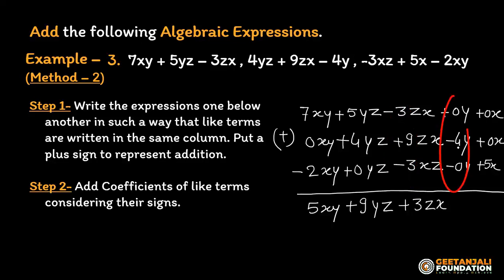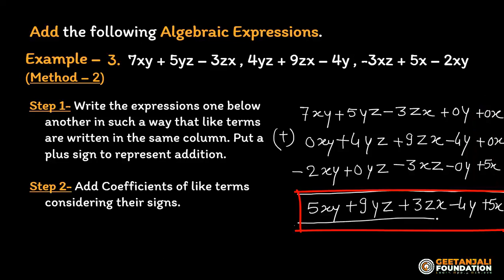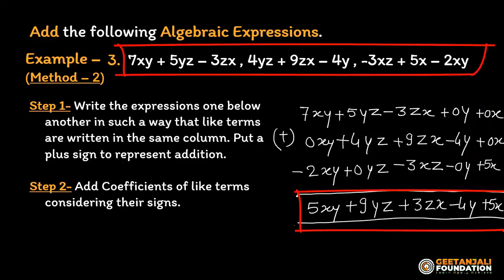Now 0 minus 4 minus 0, so this will give you minus 4y, and this is plus 5x. So you have solved this question and we have added all three expressions, and this is our answer. 5xy plus 9yz plus 3zx minus 4y plus 5x is our answer.